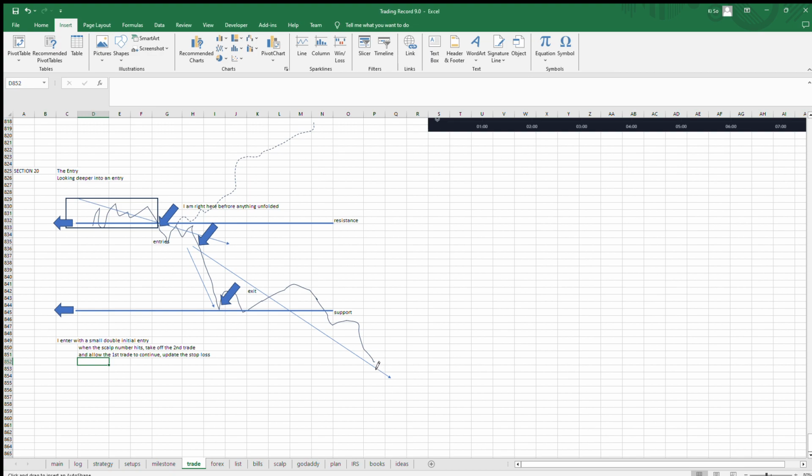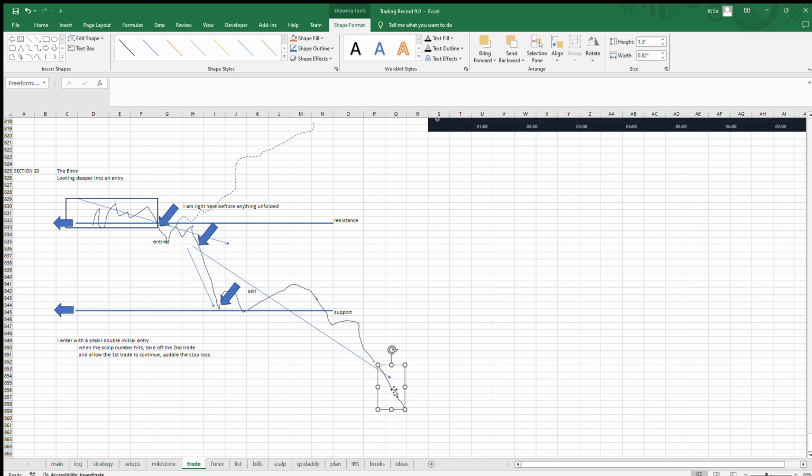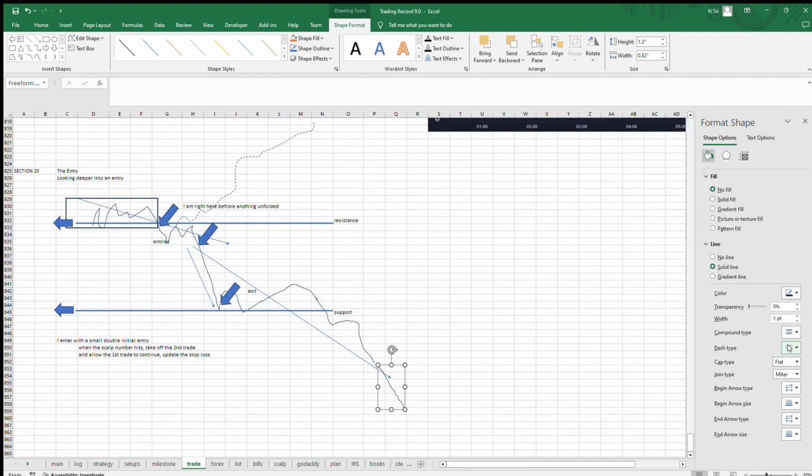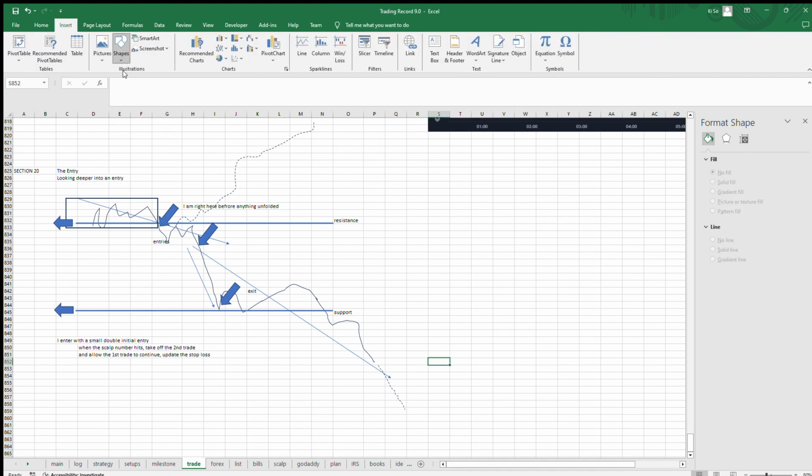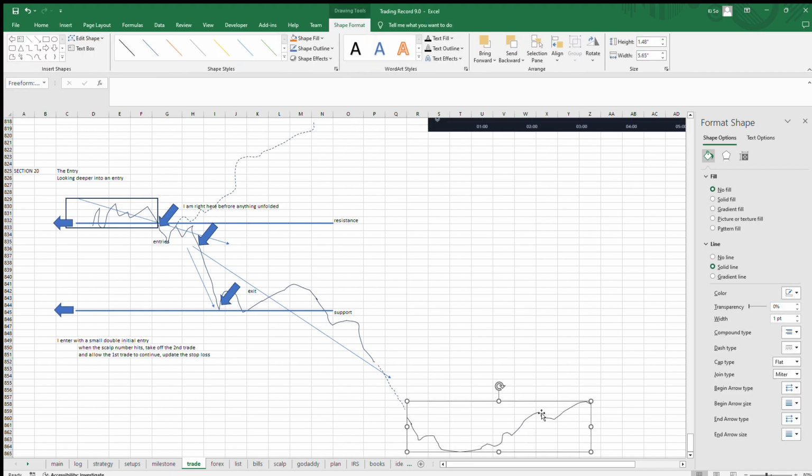So if I draw a line here, put it right there, and then look here, I'm looking for this to be higher than this.